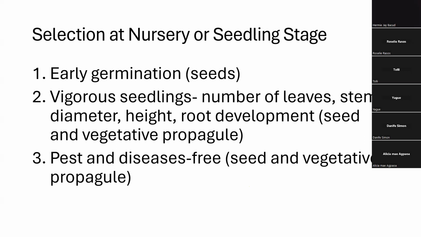Especially kapag sa ating mga seedlings, dapat free sila sa fungi that causes damping off, gaya ng ating mga Pythium, Rhizoctonia solani, Fusarium, and dapat free rin sila sa mga leaf feeders or mga defoliators.